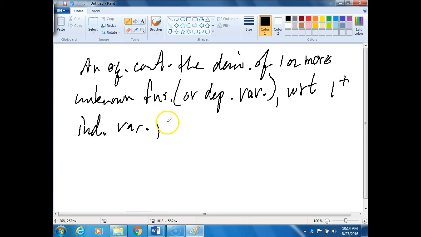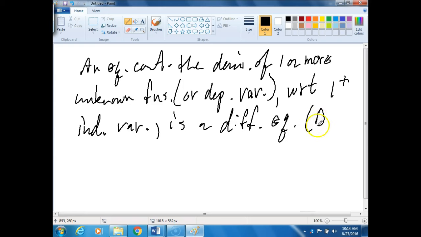Is a DiffEq, differential equation. And you'll hear people talk about this as DiffEq, differential equation. They'll abbreviate it quite often as a DE. Later we'll add some more letters to that DE.